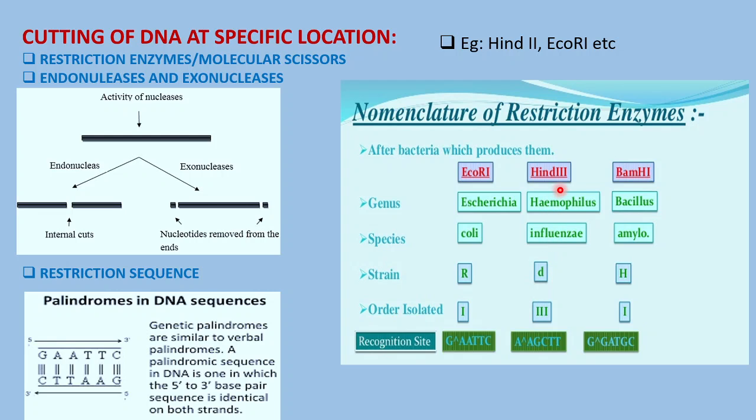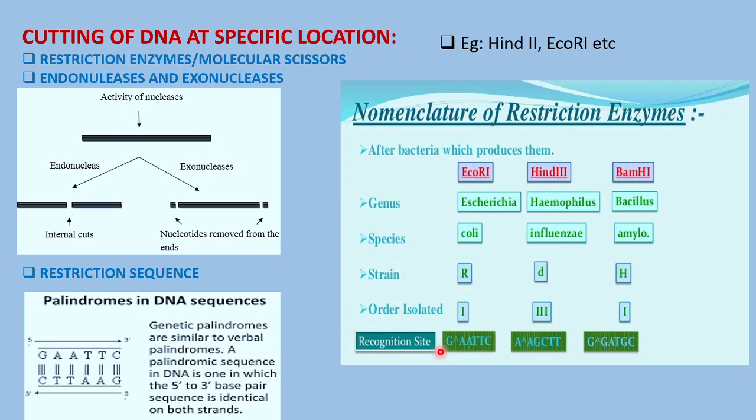So HindIII. Similarly, BamHI, extracted from Bacillus amyloliquefaciens: B from Bacillus, AM from amylo, H the strain, and I the order of isolation. So accordingly, the naming of restriction enzymes is done. I hope this is clear for you.